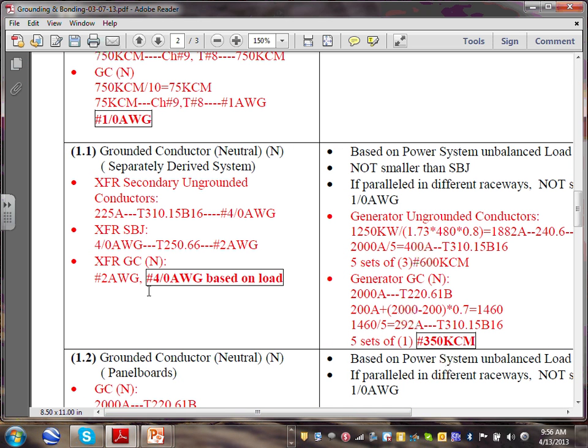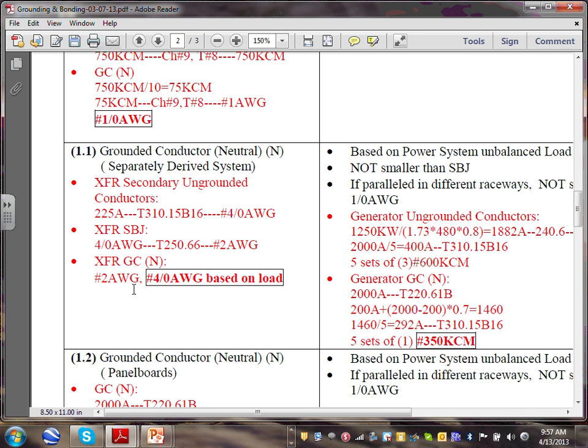So that neutral cannot be smaller than the supply side bonding jumper. So I size the phases here, 4-aught. For my supply side bonding jumper, you take the 4-aught to 250.66, gives you number 2. So really my neutral shall not be less than number 2, right? The minimum neutral you can do is number 2, because the supply side bonding jumper is number 2.